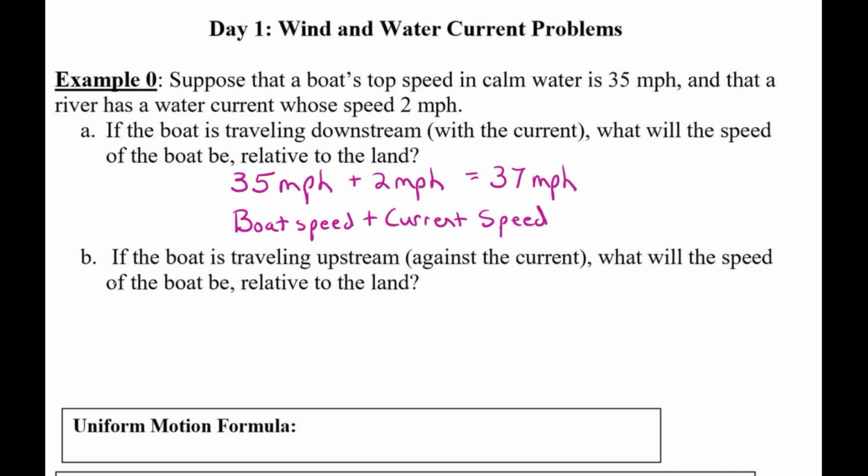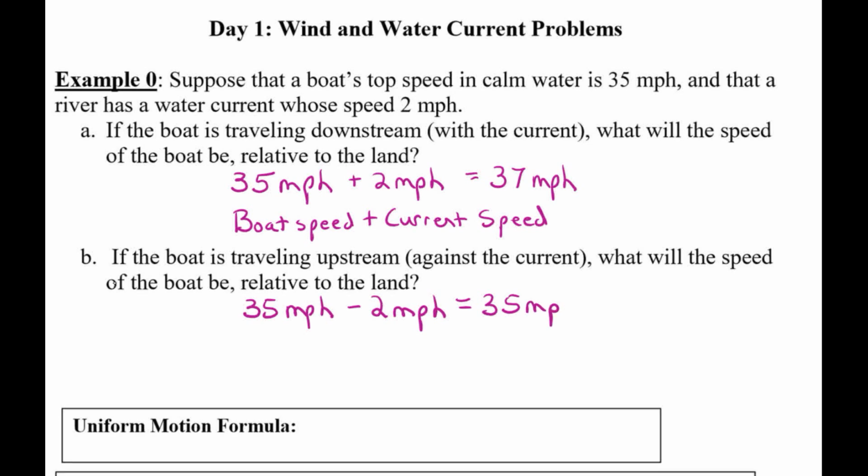However, if the boat is traveling upstream or against the current, then the speed relative to the land is going to be slower. So in this case, we have our boat speed at 35 miles per hour, but the current is slowing us down, so we have to subtract it.